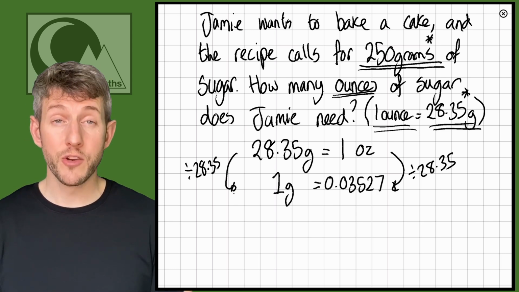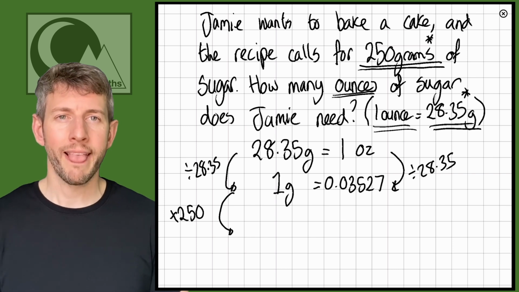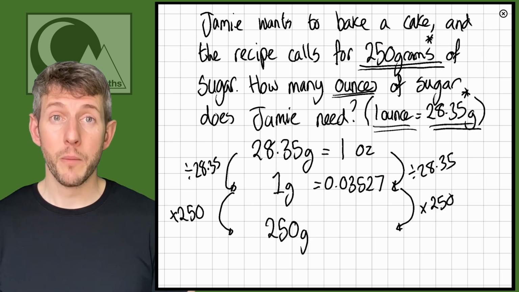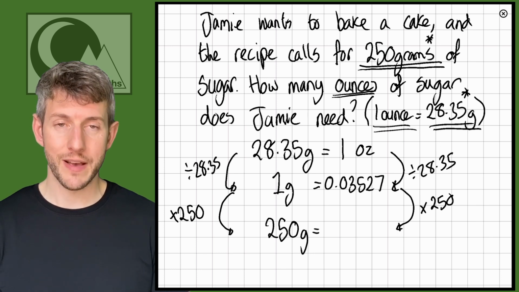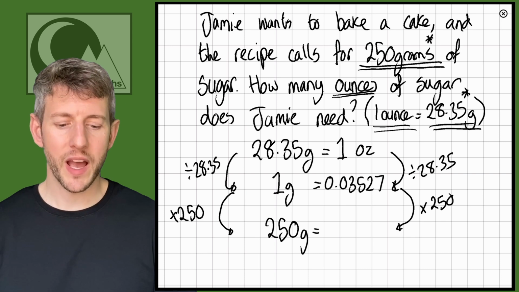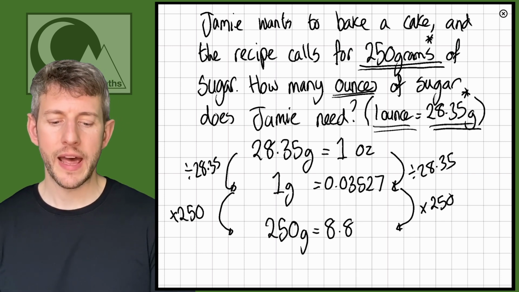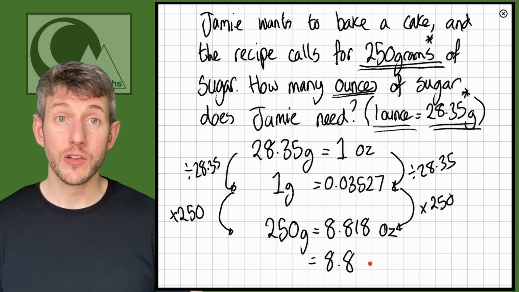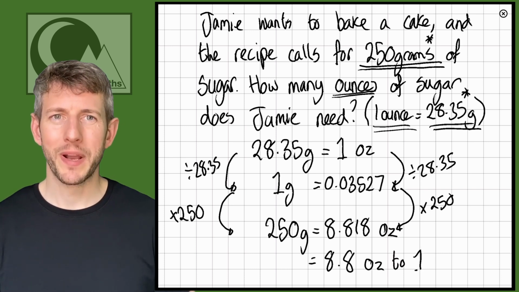Then I want 250 grams, so I'm going to do 1 times 250 equals 250, and 0.03527 times 250 as well. That tells me I want 8.818 ounces, which I'll call 8.8 ounces to 1 decimal place.